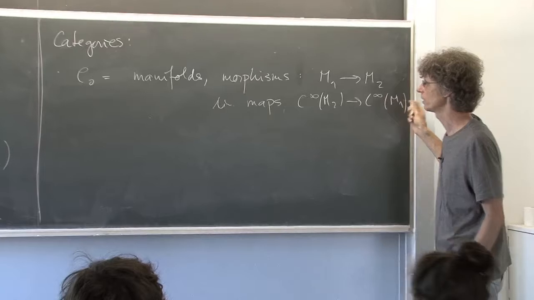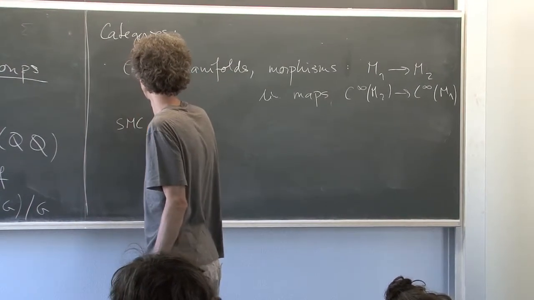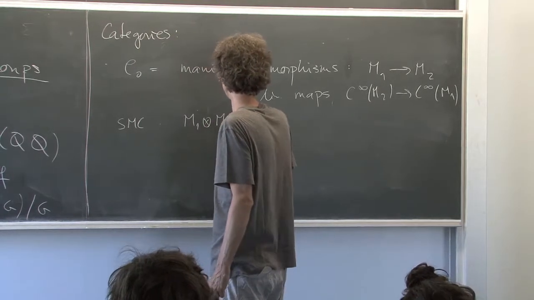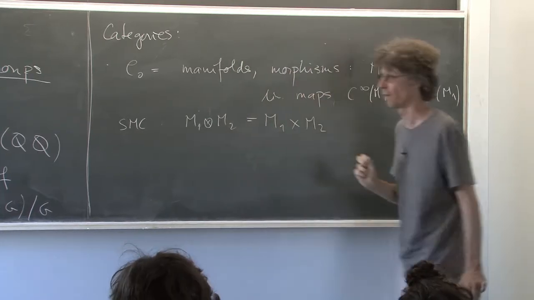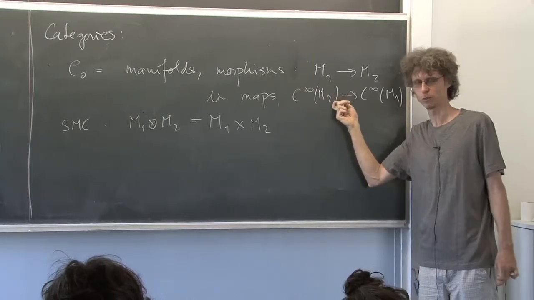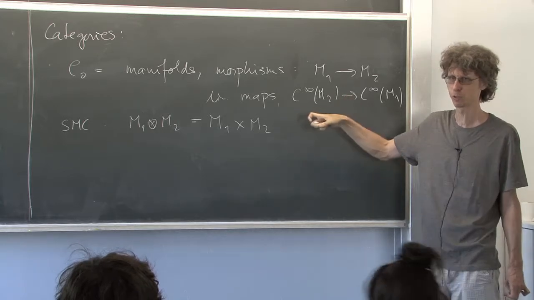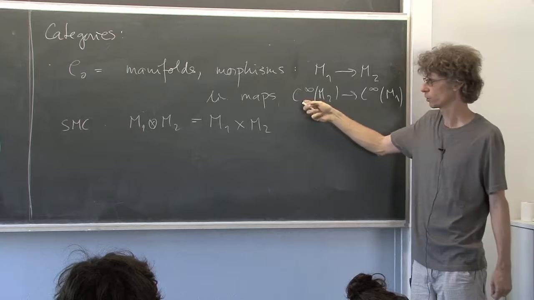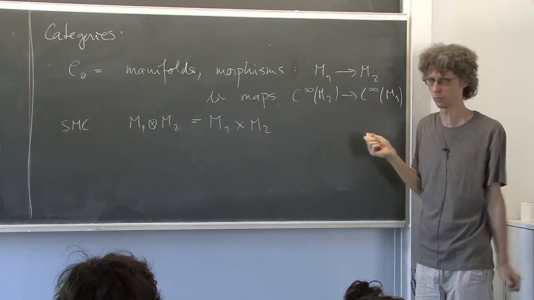So now this is a symmetric monoidal category. M1 tensor M2 is simply M1 times M2. Or if you wish, if you pass to those algebras of functions, the tensor product of two algebras of functions is defined as the algebra of functions on the product. That means that we're taking this completed tensor product, if you wish.